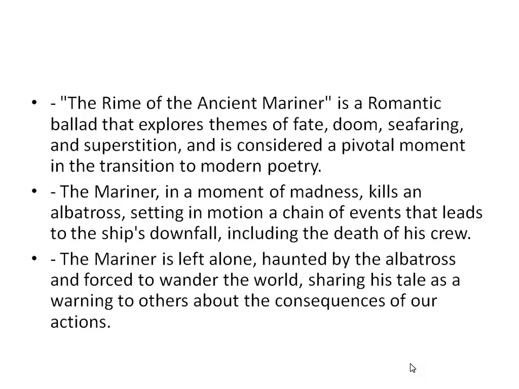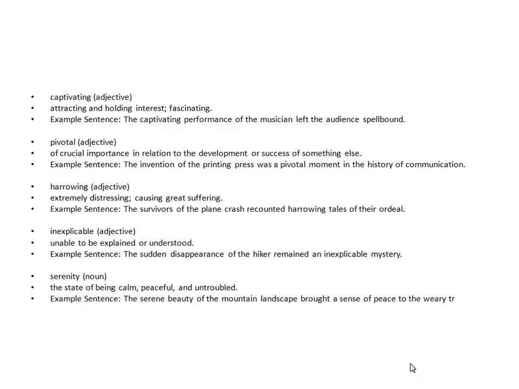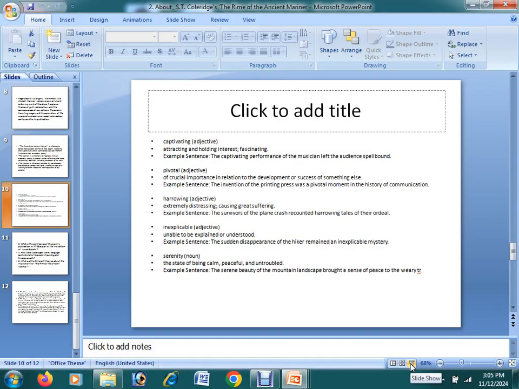The mariner, in a moment of madness, kills an albatross, setting in motion a chain of events that leads to the ship's downfall, including the death of his crew. The mariner is left alone, haunted by the albatross, and forced to wander the world, sharing his tale with others about the consequence of the action. So this is the poem Rime of the Ancient Mariner.